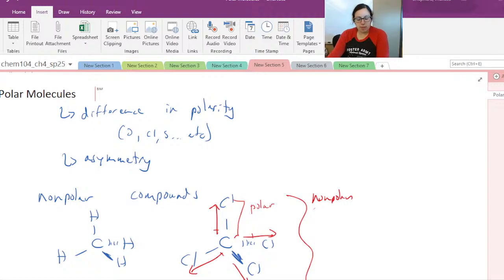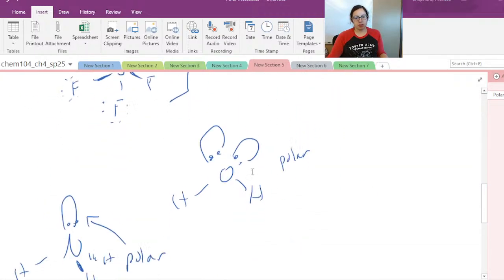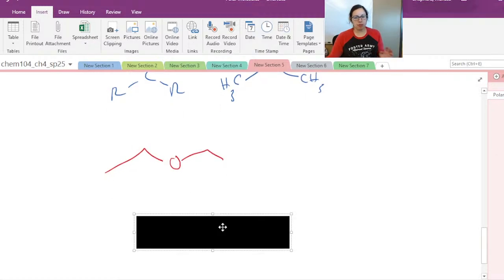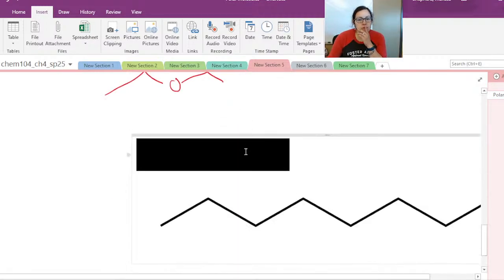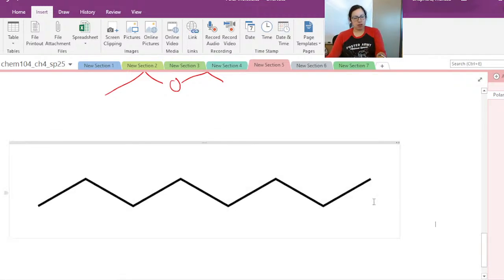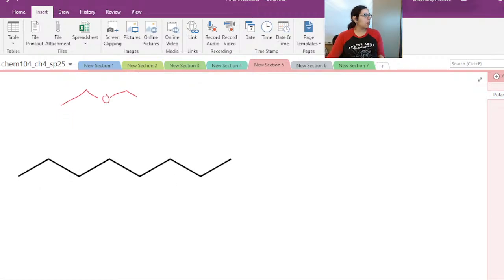Let's do some more nonpolar ones. So this is another example of a nonpolar molecule.